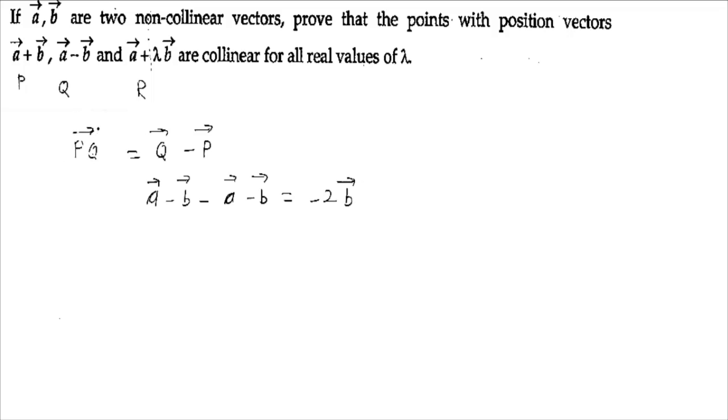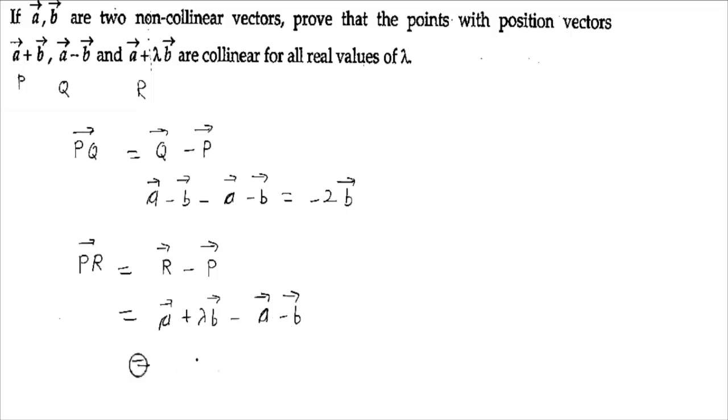Now what is pr vector? Pr vector is equal to r vector minus p vector. What is r vector minus p vector? It is equal to a vector plus lambda b vector minus a vector minus b vector.